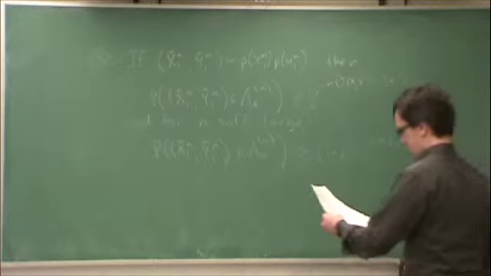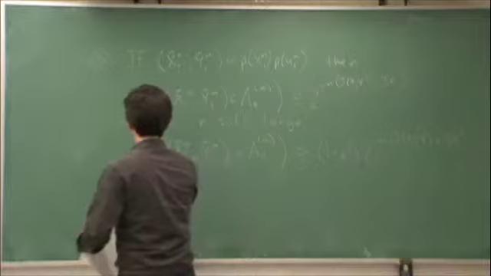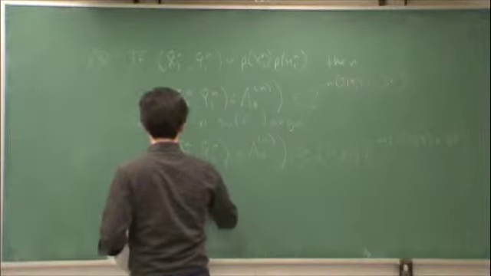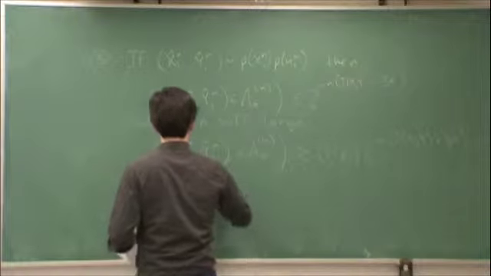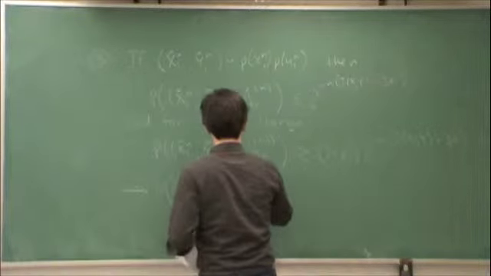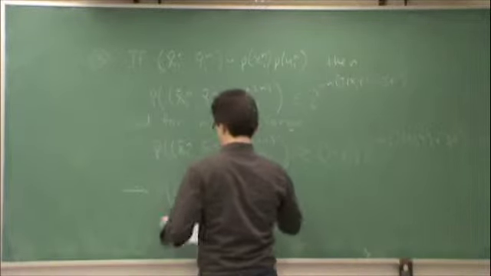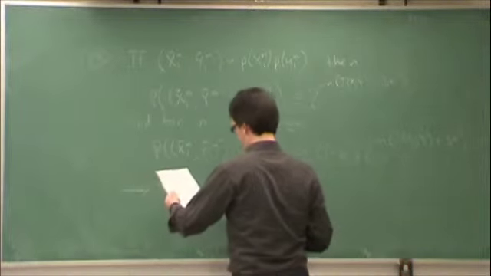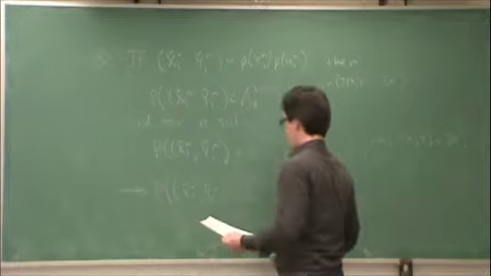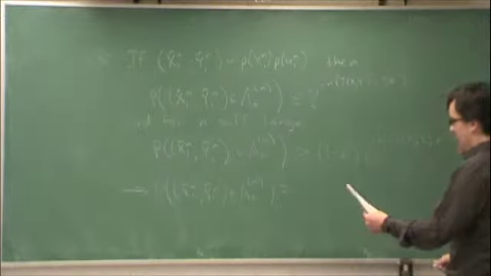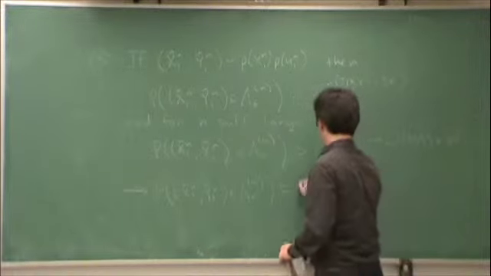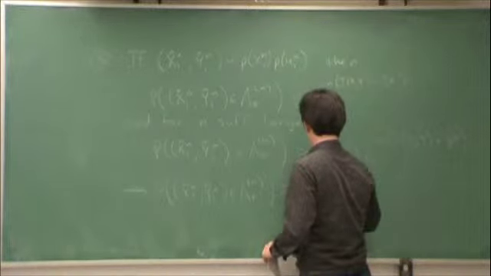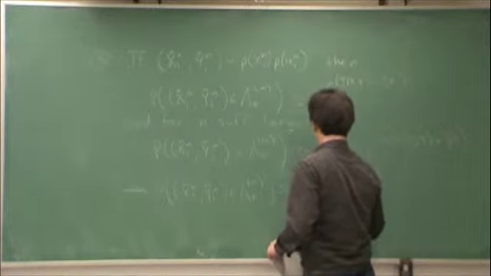So the proof of that statement, this probability is the sum over all x and y in the typical set.